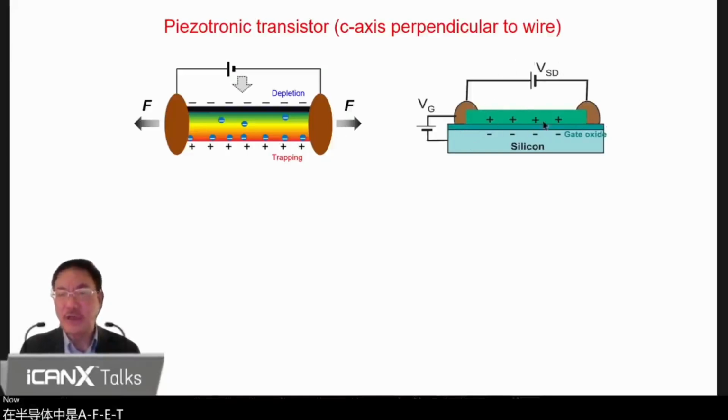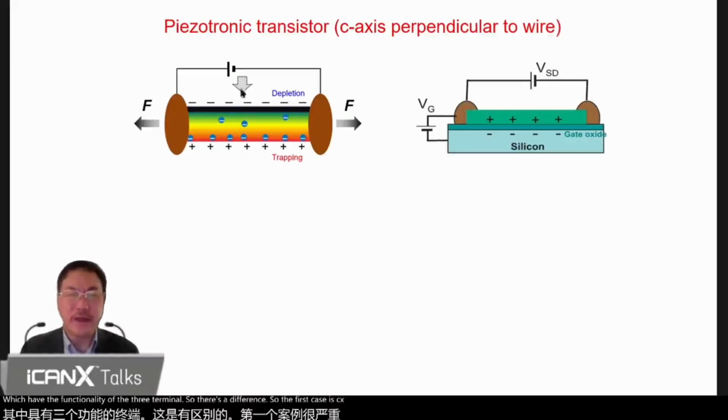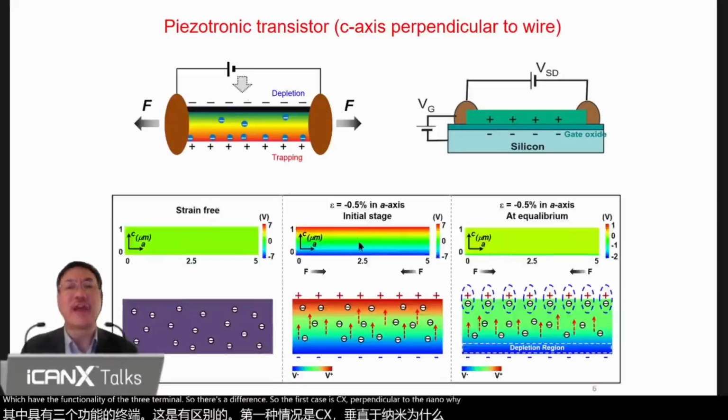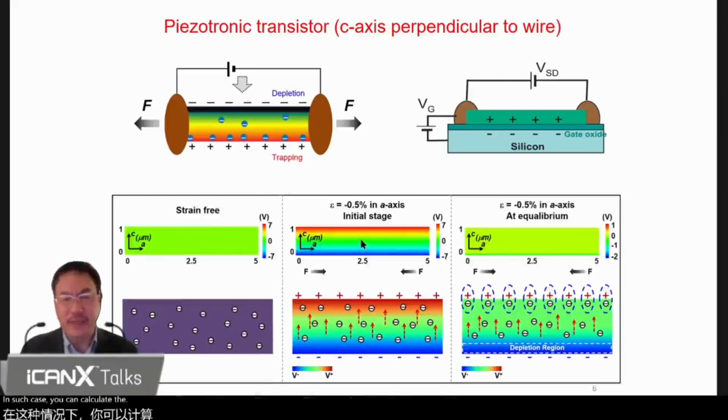Now, this external voltage is replaced by an internal voltage, which is different. We only have two terminals, which have the functionality of three terminals. That's the difference. The first case is the c-axis perpendicular to the nanowire. In such a case, you can calculate the potential and the depletion of the charge carriers, and all this can be simulated by existing software.